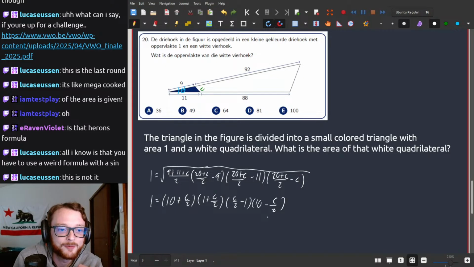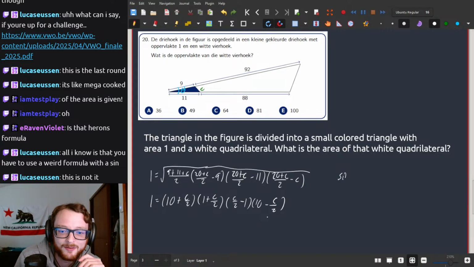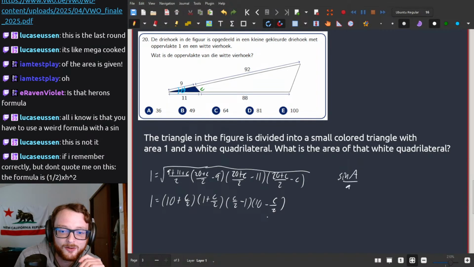Well, can we? Like, sine A over A equals sine B over B, or something like that?